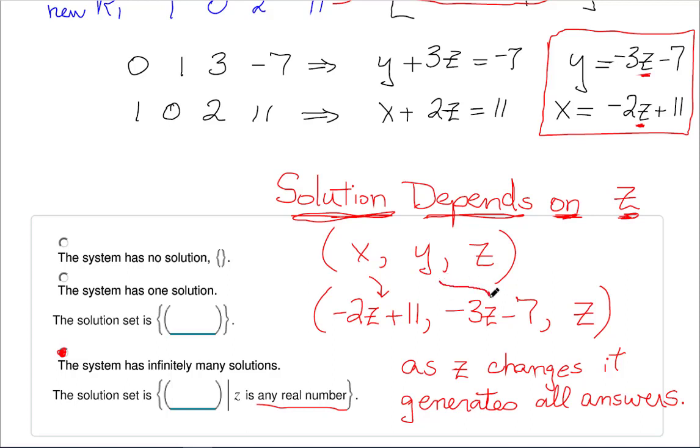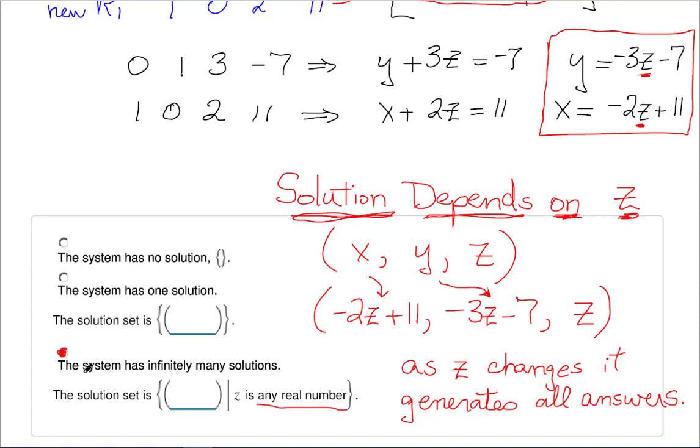I write down what I know about y, minus 3z minus 7, and z is just z. We call z a free variable, meaning now I can pick different z's, and as I pick different z's, I'm going to generate all of these points where they intersect.